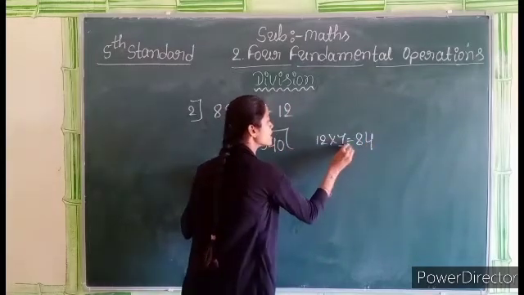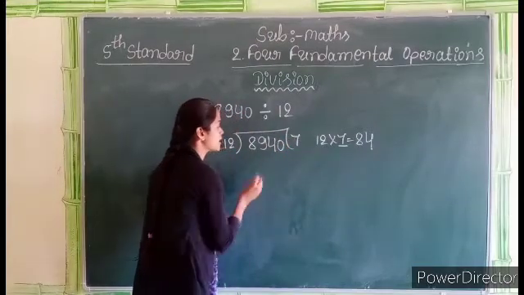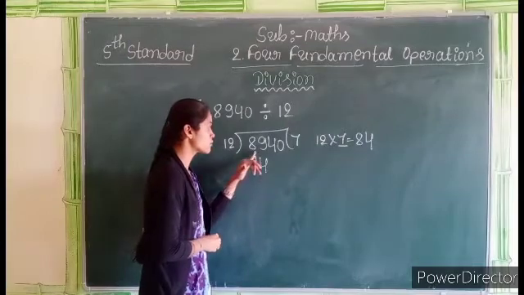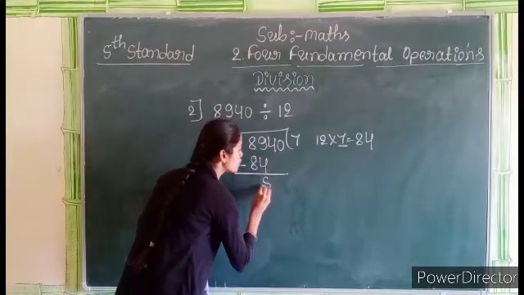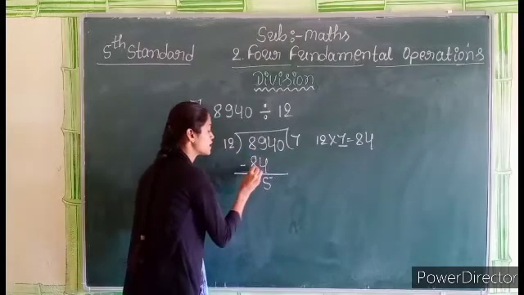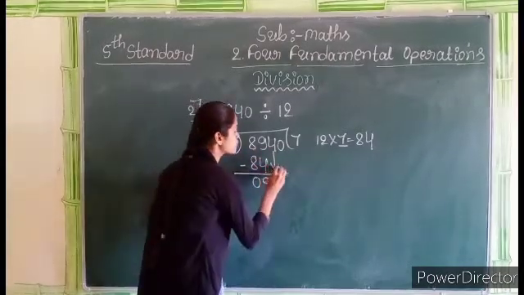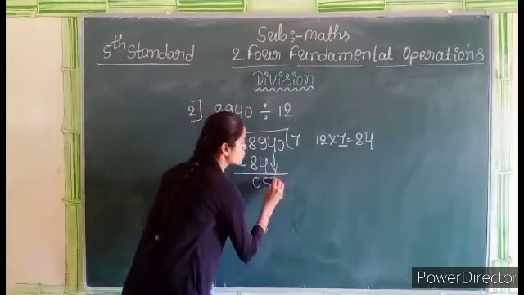Okay, 7 should be written in the place of quotient and 84. We have to subtract 84 from this 89. 9 minus 4, 5. 8 minus 8, 0. We have to bring down this 4 and 4 should be written on the right side of the 5.